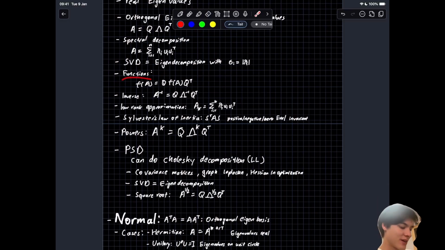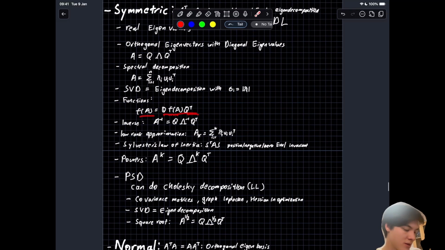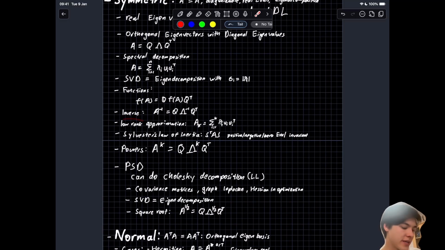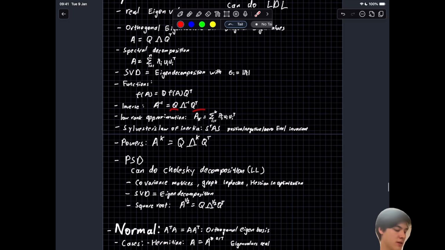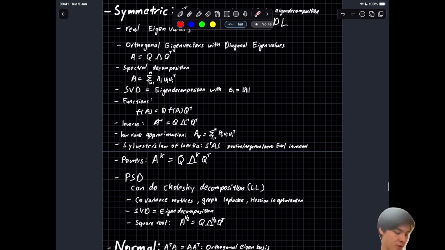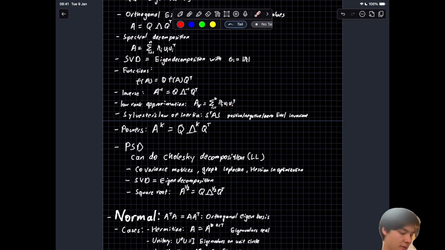Yeah, and then we can easily apply functions to matrices. It would just look like this. We have our orthogonal matrix, and then f applies to the diagonal. The inverse is very easy to calculate, which is inverting the diagonal. We can do low rank approximations because if we know the eigenvalues, we just keep the eigenvalues that we want and the eigenvectors.